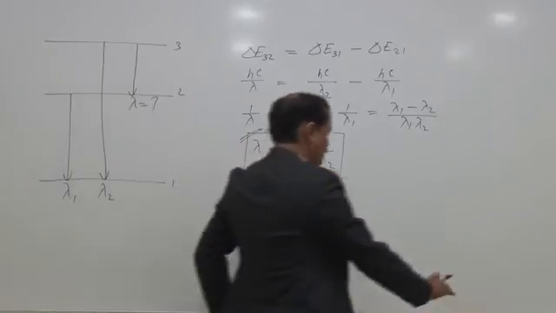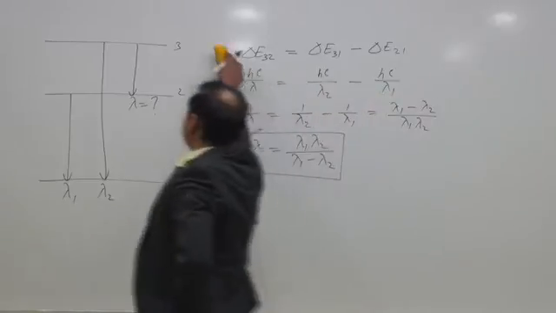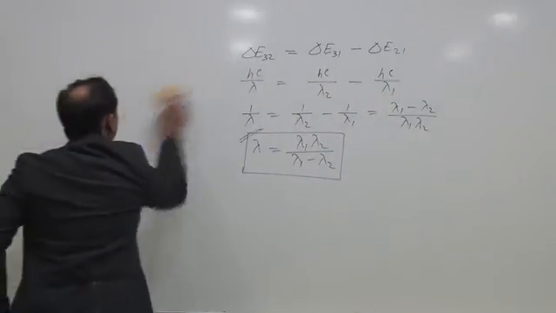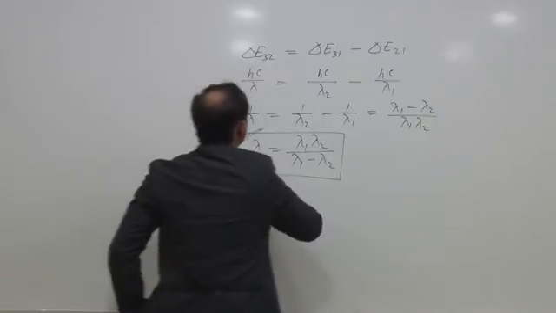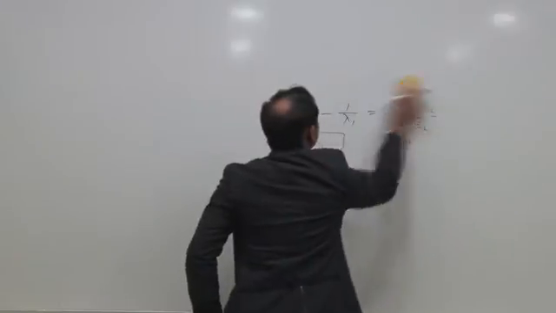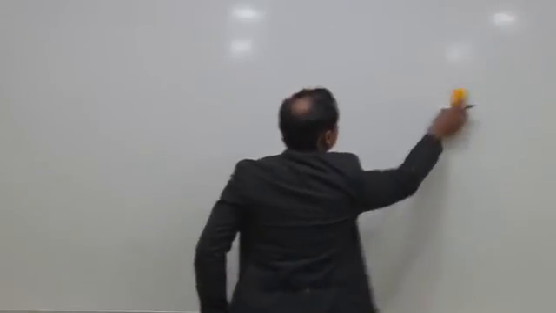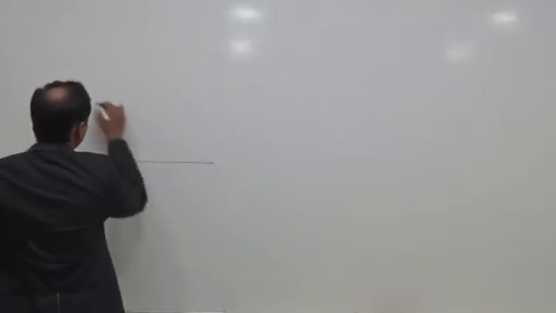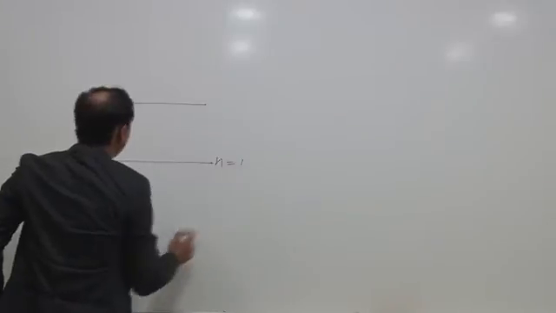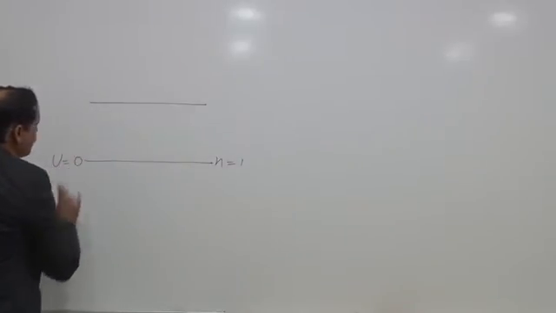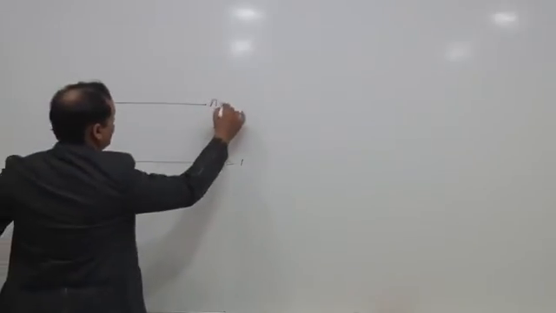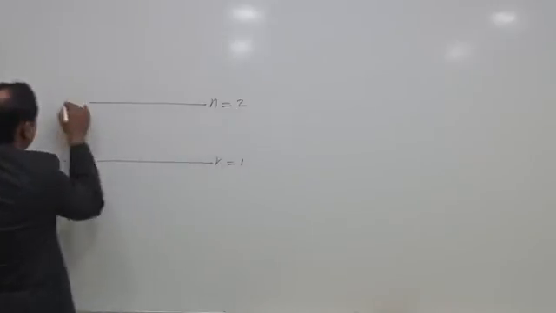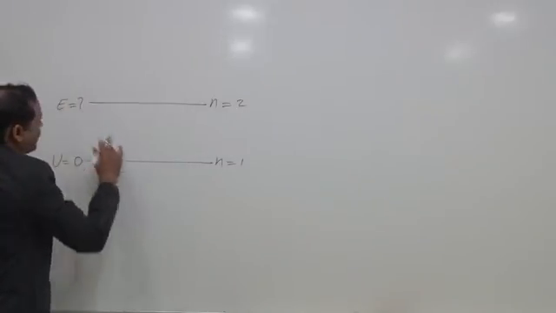Now the next question. If potential energy in ground state is taken to be 0, then what will be the total energy in first excited state?